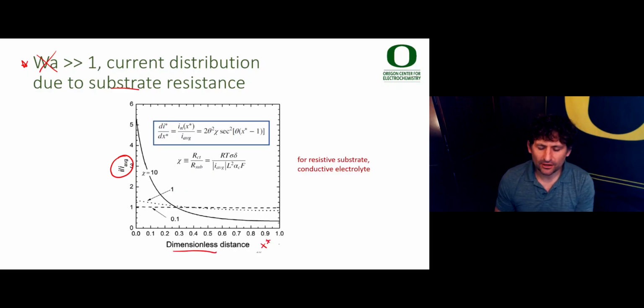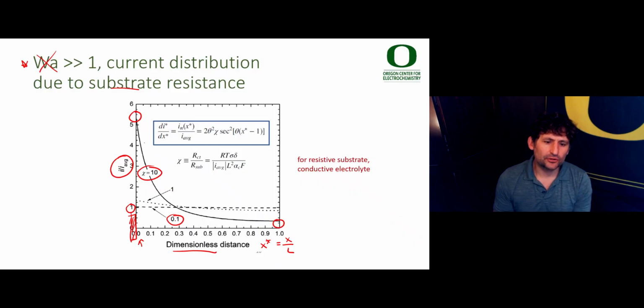Remember, this was x star equals x over L. And what you see is when you have chi equals 0.1 or 1 over 10, the deposition is uniform everywhere. At chi equals 10, you have much more deposition next to the current collector. Remember, our current collector is on the left side at x star equals 0 than you do out here at the edge. Why is that?